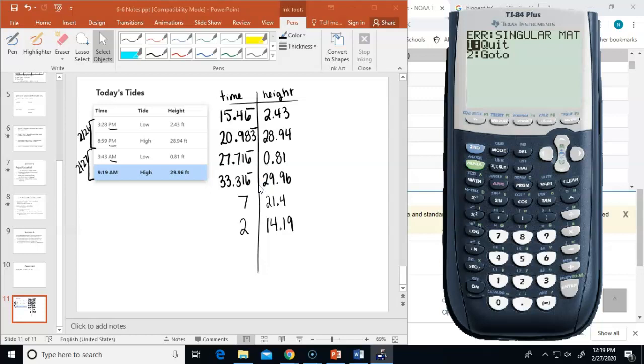He does use the calculator a lot. I have not ever run into this before. I'm usually pretty good. Like usually, if you say, Miss Hyatt, I got this error, I can tell you what you did wrong without even looking at your calculator. I'm usually pretty good, but this is new.